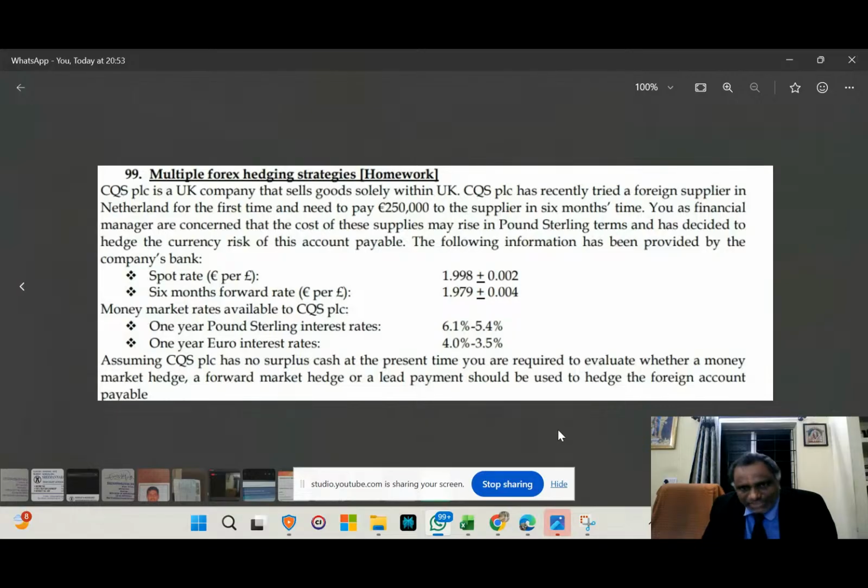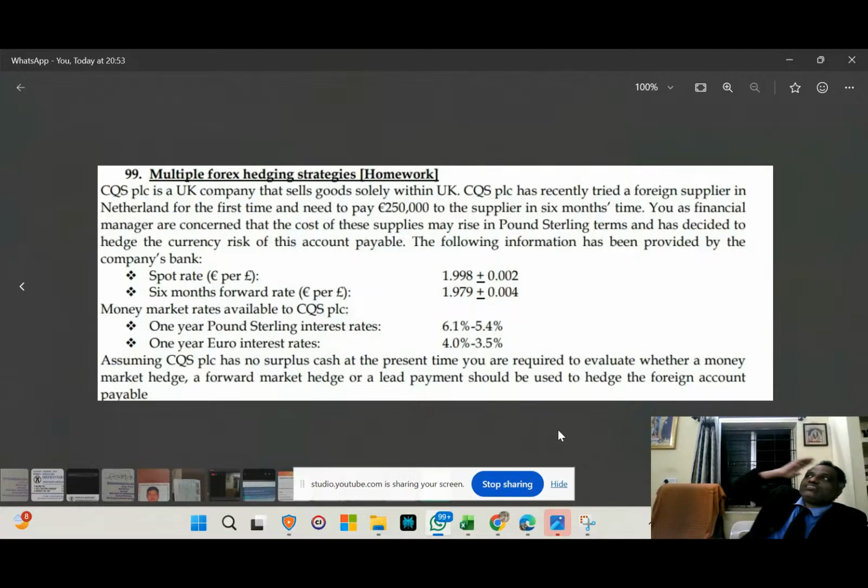What is it meant by? 1.979 minus 0.004 is the bid rate. 1.979 plus 0.004 is the ask rate.